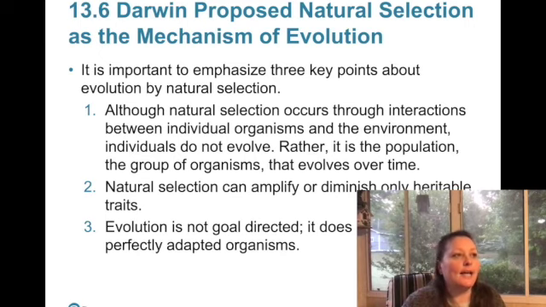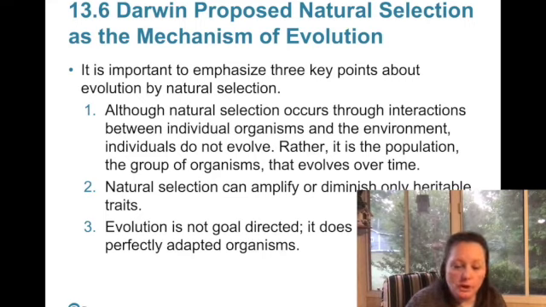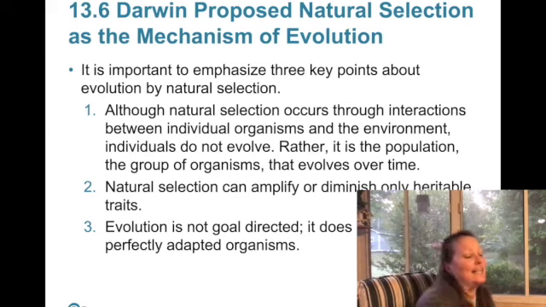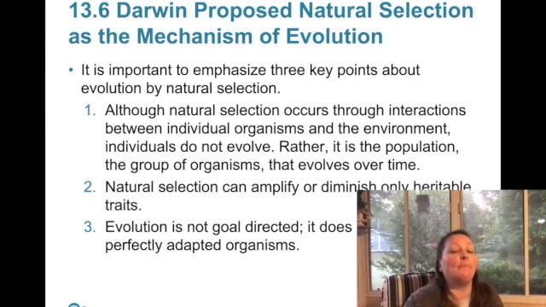That means, like me sitting here, I don't suddenly become perfect for my environment. It would have to be my kids were a little more perfect, and then their kids were a little more perfect, and then their kids were a little more perfect, and you keep doing that until finally, way down the line, my great-great-great-great-great-great-great-great-great-great-grandkids are perfectly suited for the environment. That's what this means. It's not an individual change, it is a population change.